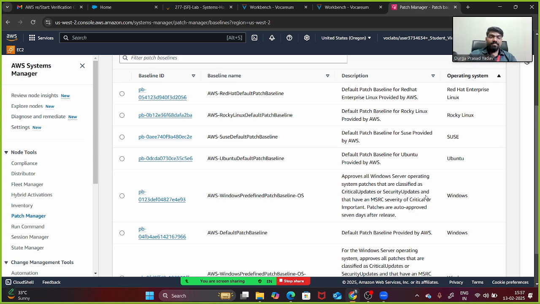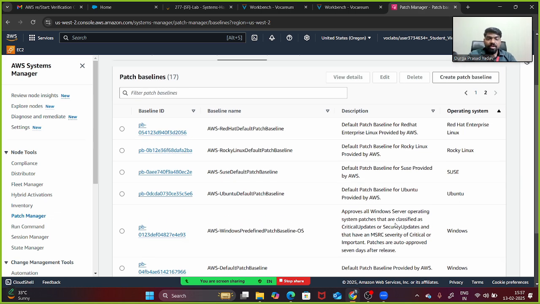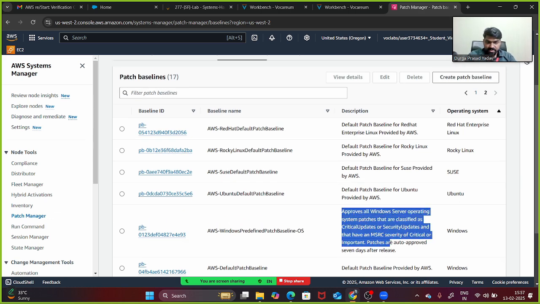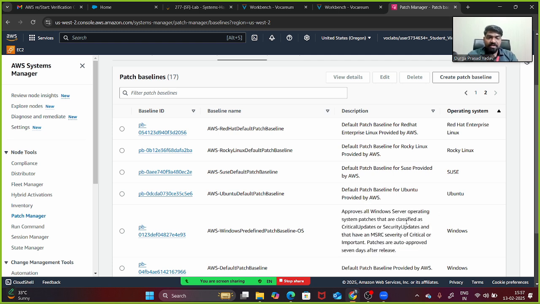So what is the meaning of it? If you apply this patch, what will it do? It will attach to your operating system, and after that it will check for critical updates or security updates or some other stuff which has been added for your operating system.